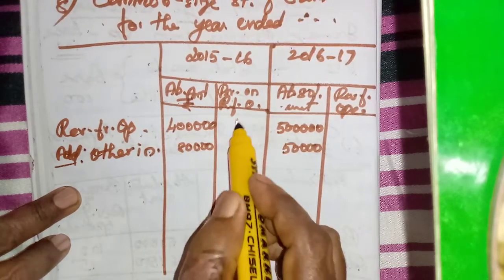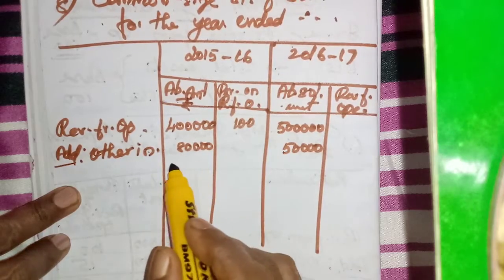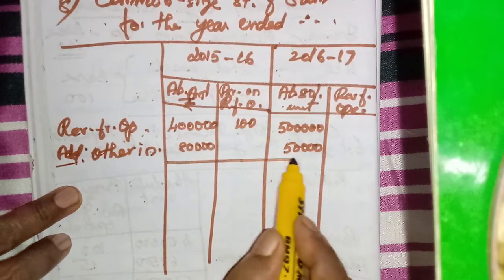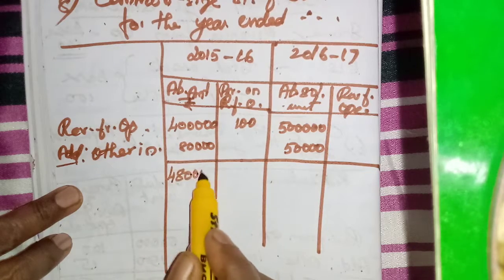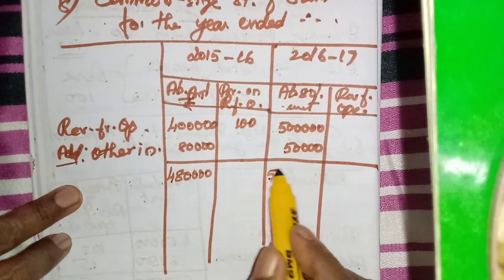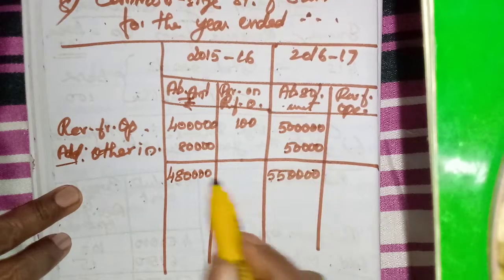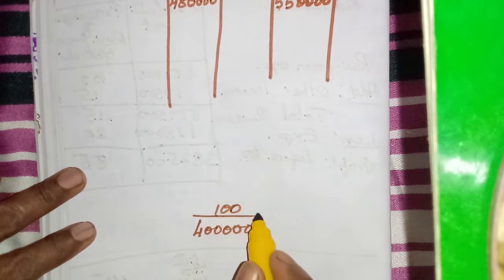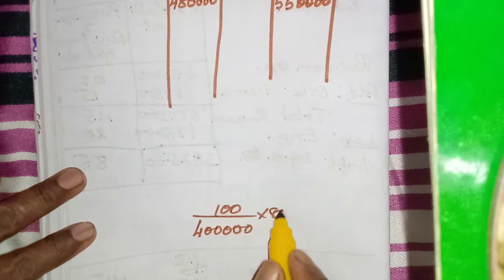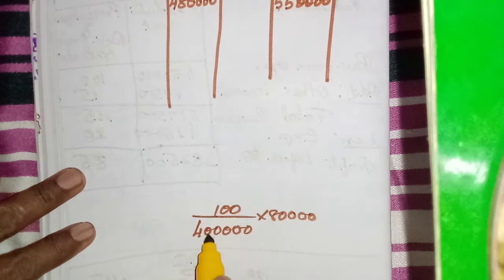Okay, here this is 100, isn't it? Now we need to calculate. 4,80,000, 5,50,000. So now you need to calculate, isn't it? For 4 lakh, what is the percentage? 100. Then how much is for 80,000. 50, 4 plus 1.